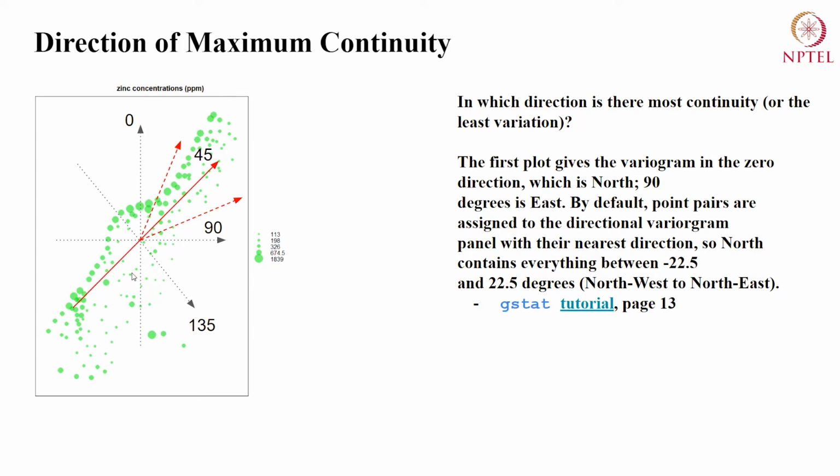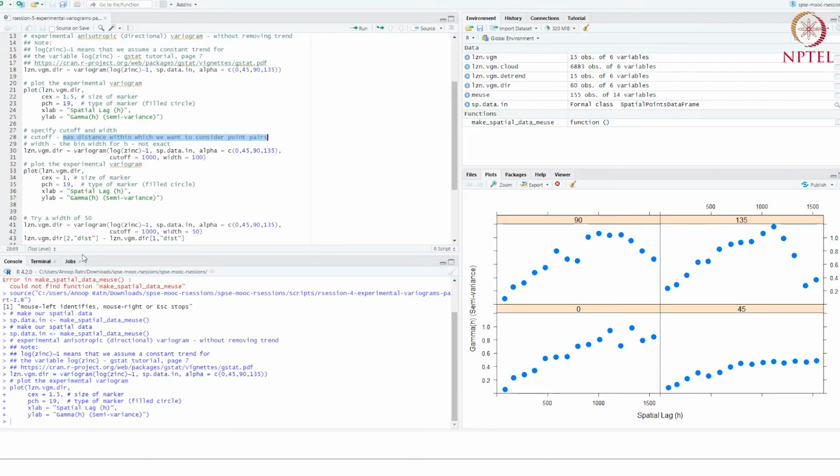So we only want some local correlation, so we should provide some cutoff distance. So it will not consider point pairs beyond that distance. And the cutoff value that I've given here is 1,000. I just looked at this graph. It goes from 0 to 1,500, but I'm saying that beyond the 1,000 point, I don't want to consider the variation.